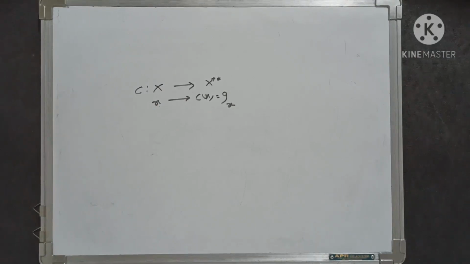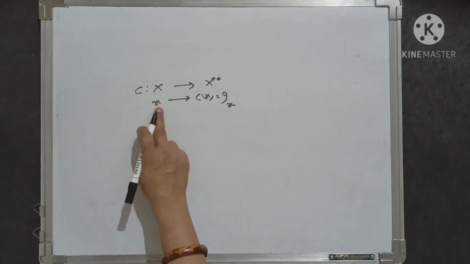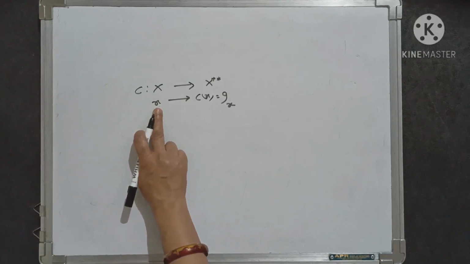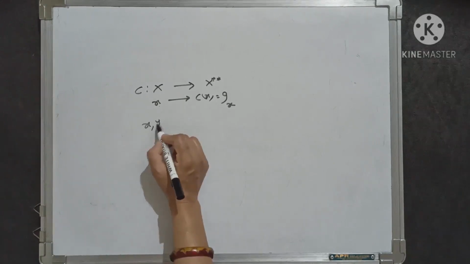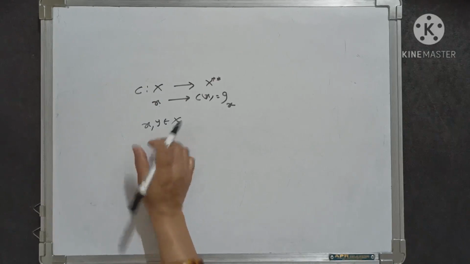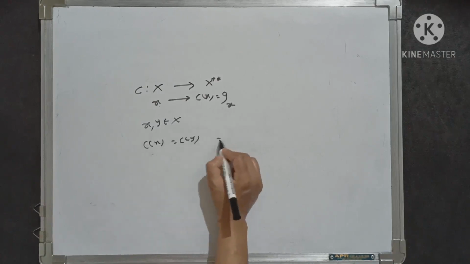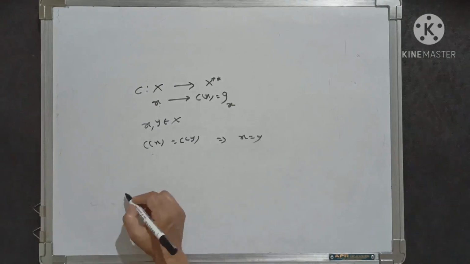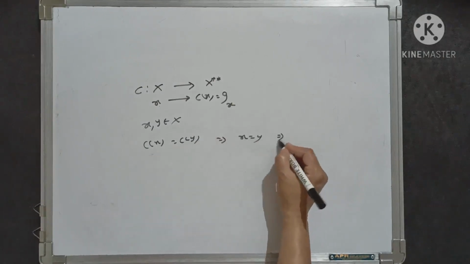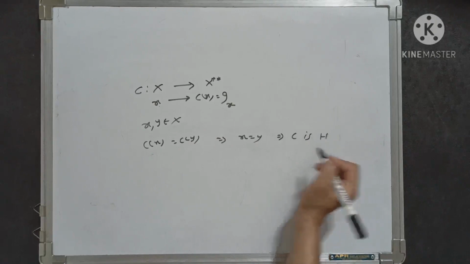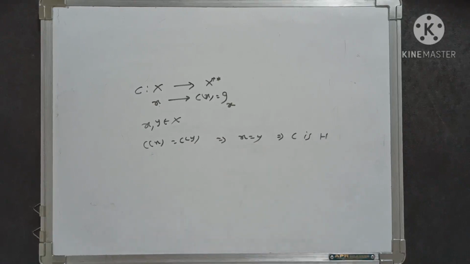To prove this, firstly we show that this canonical mapping is one-to-one. To show that the canonical mapping is one-to-one, we take any two elements of capital X and show that if their images are equal, then the points are equal. Then we get that C is one-to-one. Let's start with Cx equals Cy.